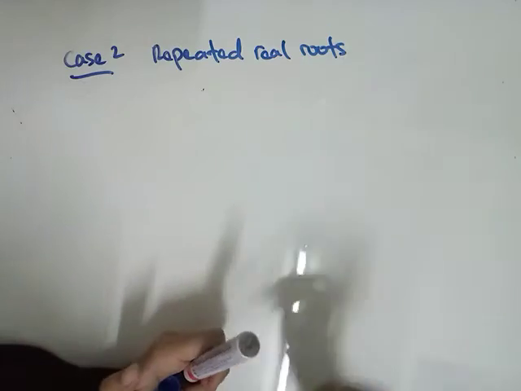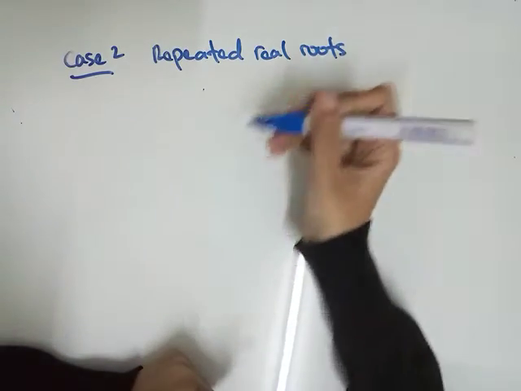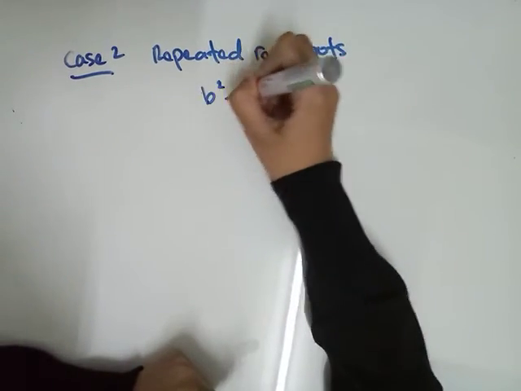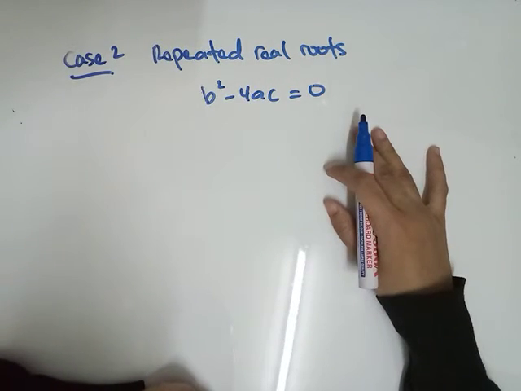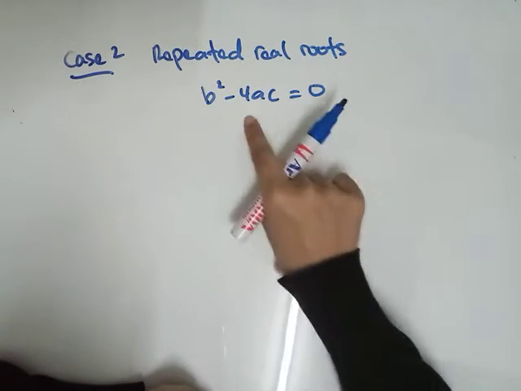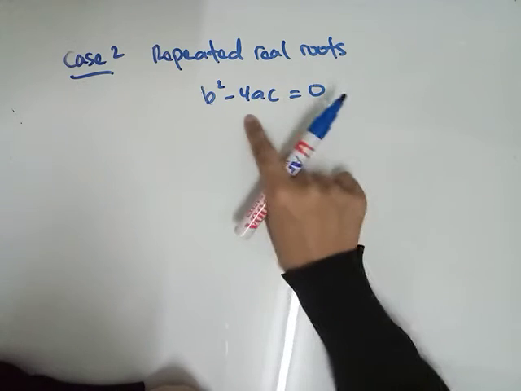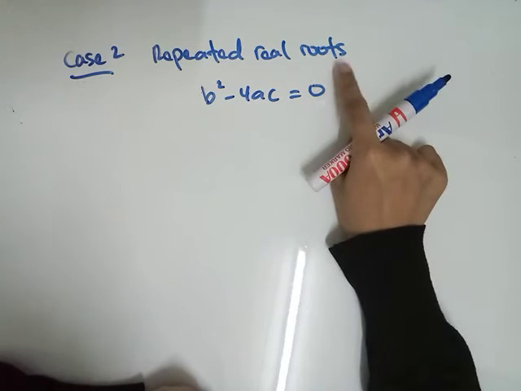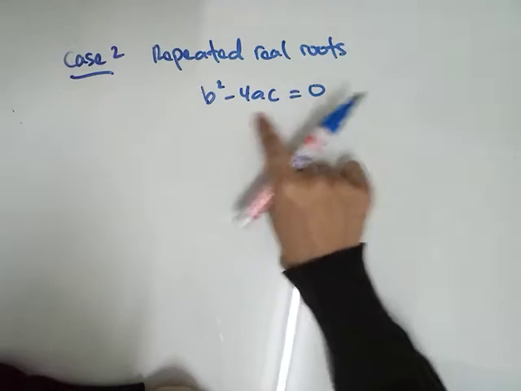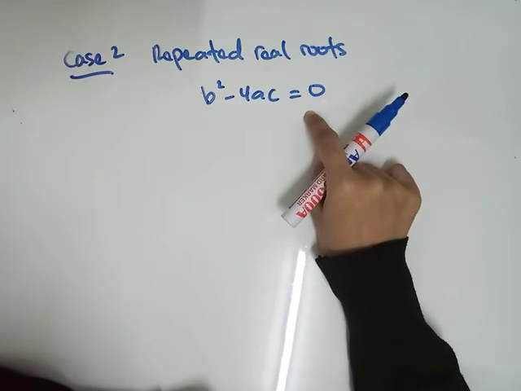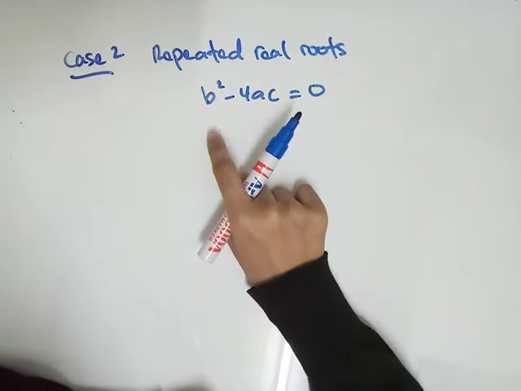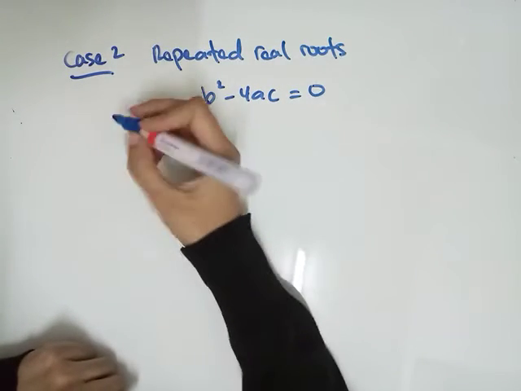And then the discriminant, b square minus 4ac, equals 0. When you calculate and get the value 0, it is repeated real roots. This is just identification. So case 2 has only one root.